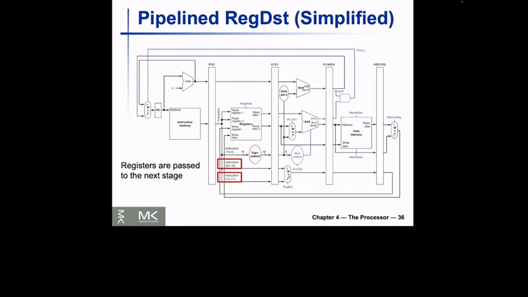So here we have a mux, which decides, based on the control signal, whether we need to use RT or RD as the write register.